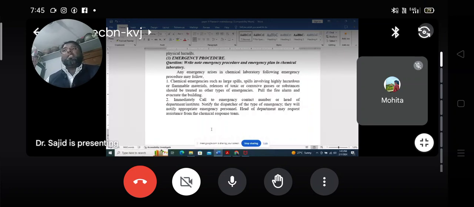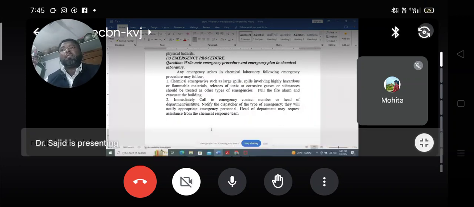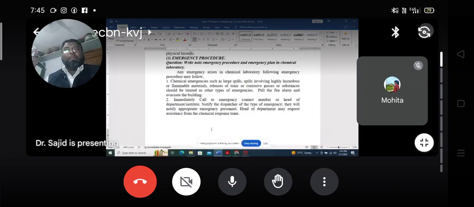The first one is chemical emergencies. Any kind of spilling that involves hazardous material, flammable material, or release of gases or any substances. At that time, first of all you have to inform. In most colleges or labs an alarm will not be there, but you can inform your head of institute.